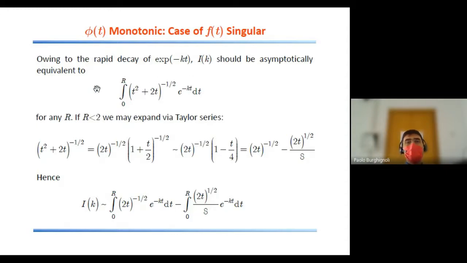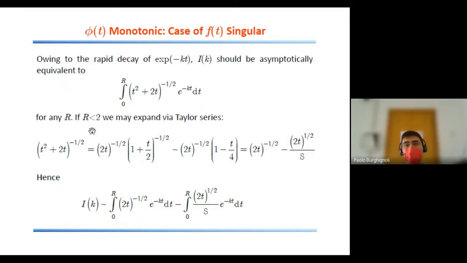So it is convenient to modify the upper integration limit and to let this capital R be some number less than 2. Why less than 2? In this case, we can expand the function that causes problems, the function t squared plus 2t up to the power minus 1/2, by means of a Taylor series that converges only when t is less than 2.